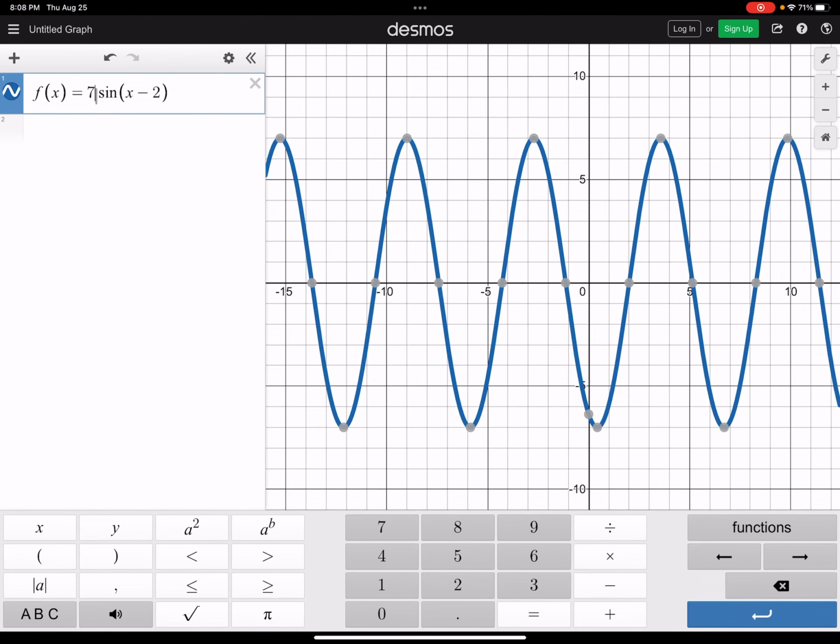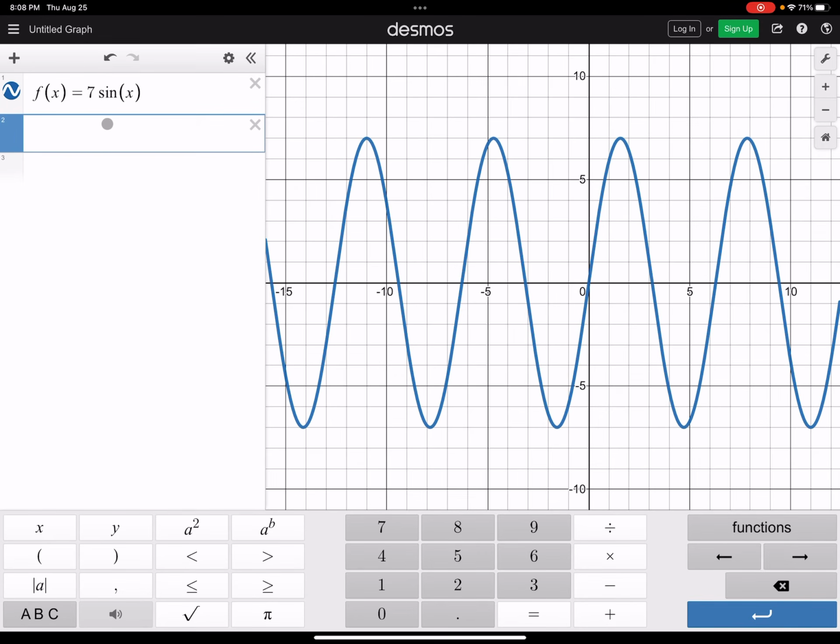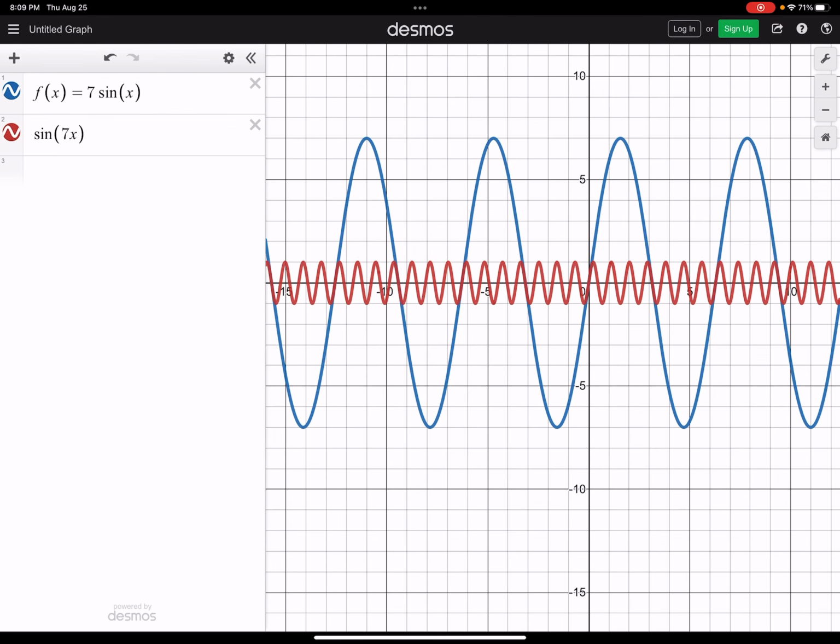Horizontal compression and vertical stretch still do similar things, but when you've got something like a sine graph, that's when this really starts to matter. Okay, I'm going to show you again, and I don't even care about the -2. Look at 7 sine of x, and look at sine of 7x, right?